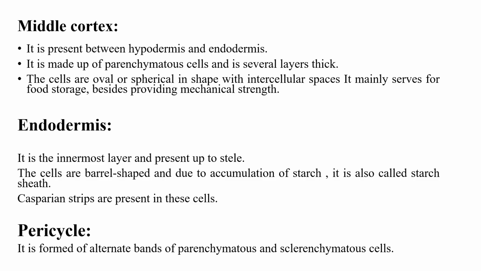Then endodermis, it is the innermost layer and present up to the stele. The cells of this endodermal layer are barrel shaped. Barrel shaped means like this. So it is barrel shaped.